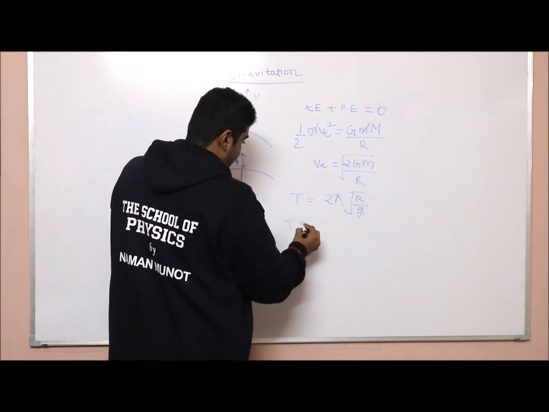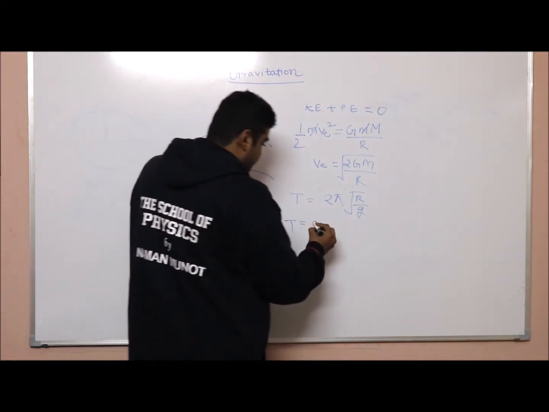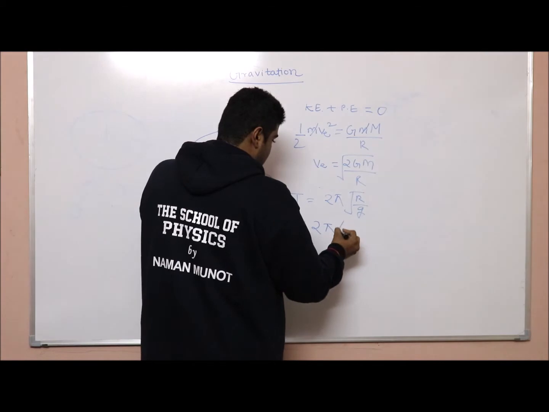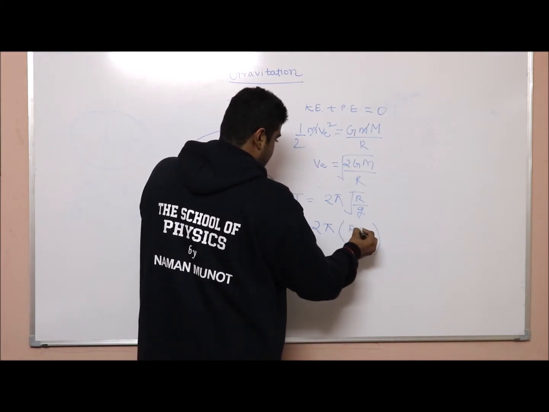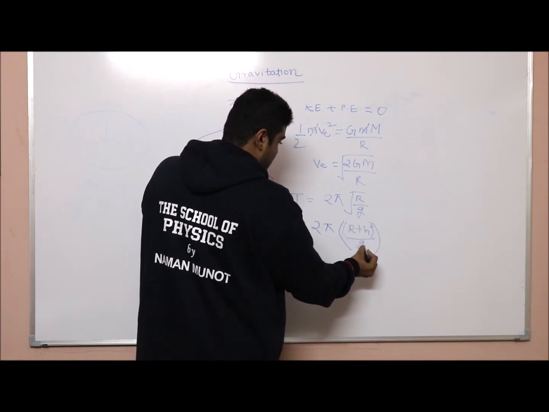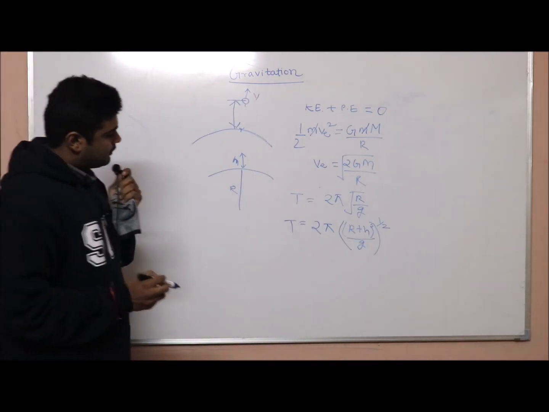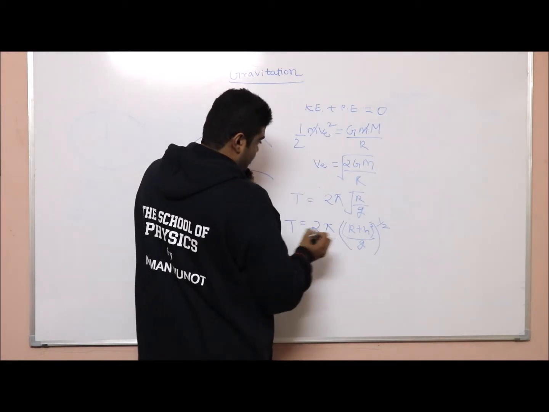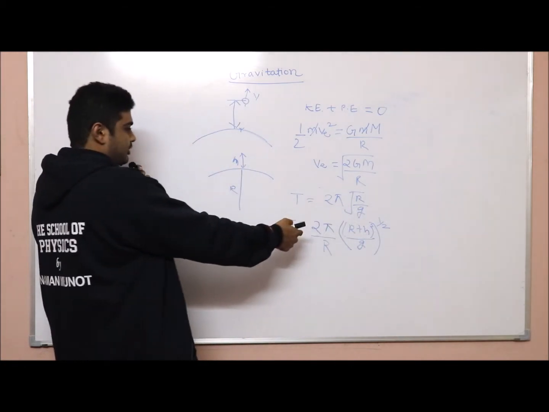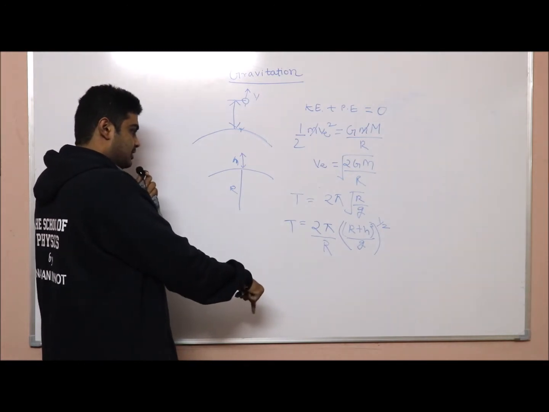The detailed formula for this time period is 2 pi under root (r plus h) whole cube by g. Here we have 2 pi by r, so r to the 3 by 2 by r, that is r to the 1 by 2.